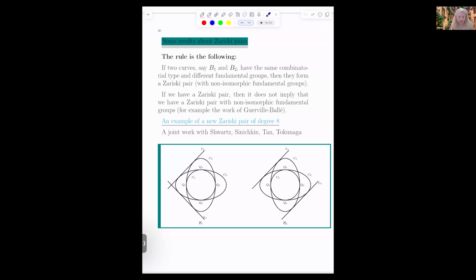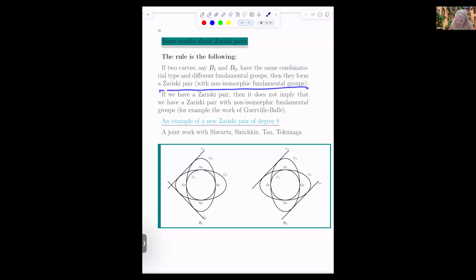So you must write, when you work in such a case and you calculate and determine fundamental groups, you must write this sentence. Okay? These two curves, for example, are a Zariski pair with non-isomorphic fundamental groups. You must say it.